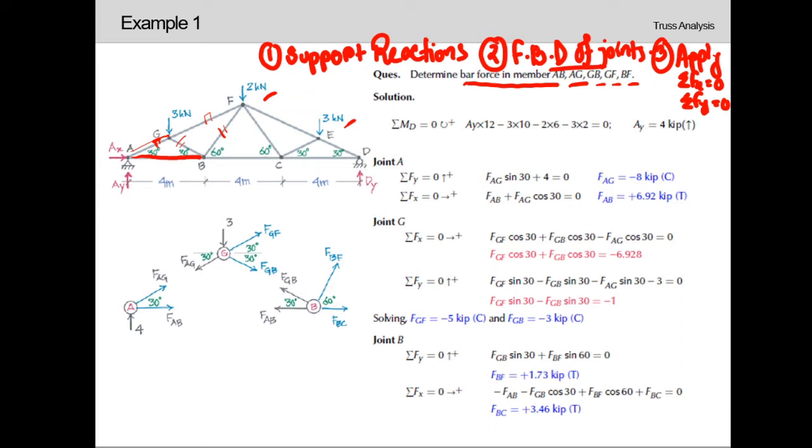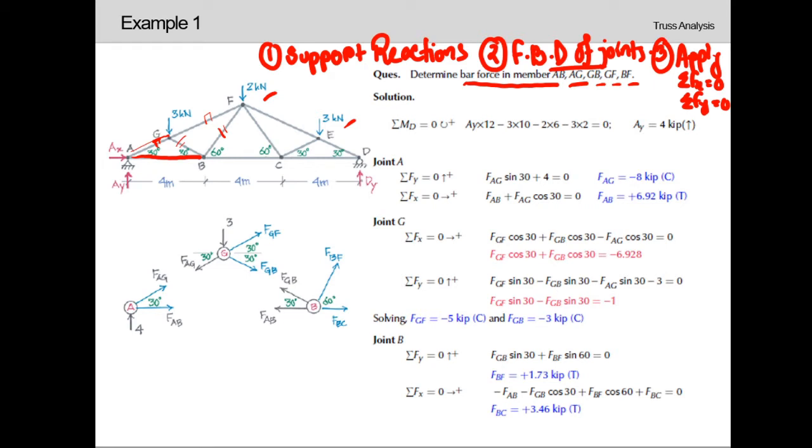That means we need to select a section which will be able to carry the force acting on that member. Without doing the truss analysis, it will not be economical to select the sections of the members. So let's see how to perform this truss analysis task.